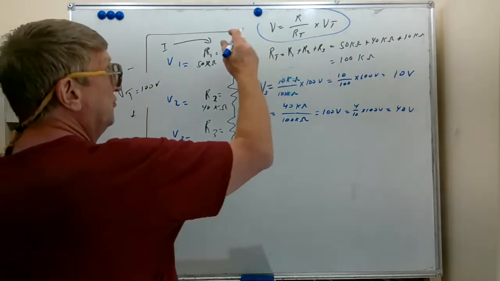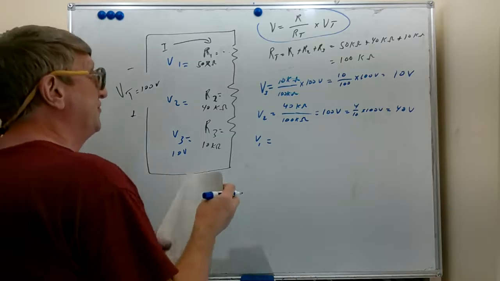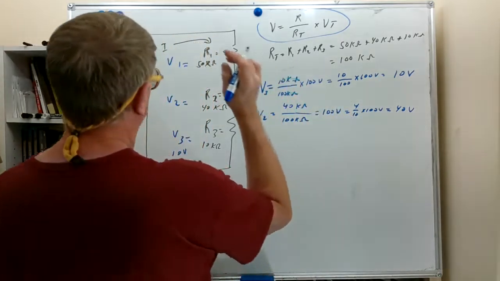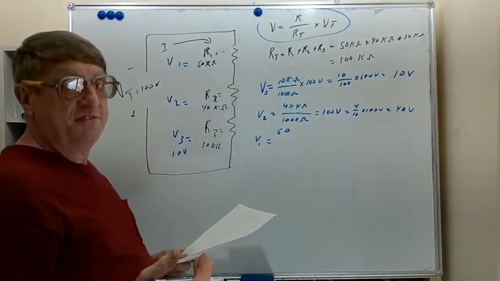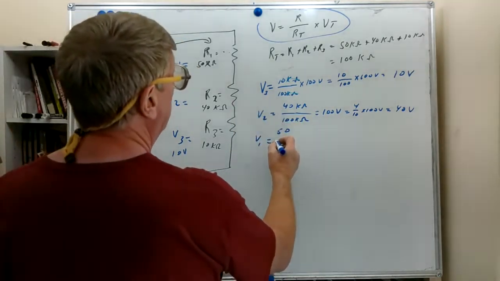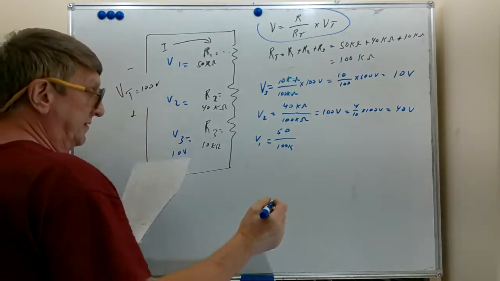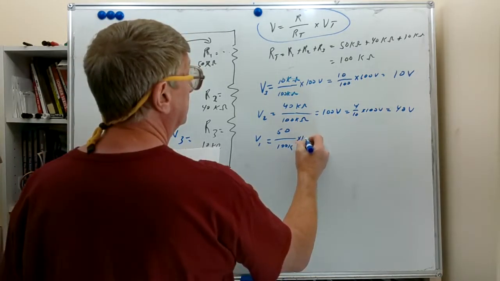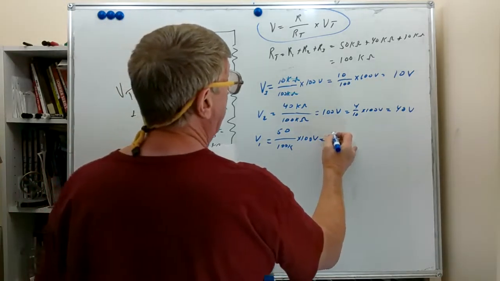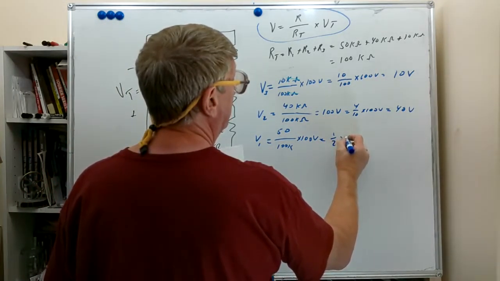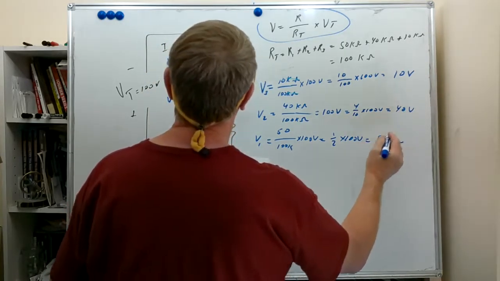Let's do the same thing for V1, and we'll continue to use this voltage divider formula, which is pretty useful. It saves you some steps a lot of times. R1, 50K ohms. I'm going to leave the units off this time, you see they cancel anyway. Over 100K ohms times 100 volts, which is 50 over 100, or 1/2, times 100 volts, equals 50 volts.